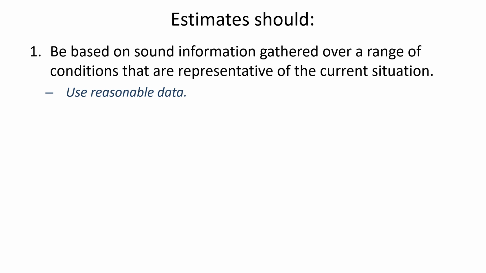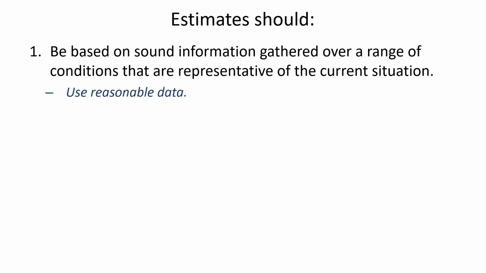So some of the rules that have been developed with cost estimation is that when we generate estimates of how much things are going to cost, it should be based on data that's representative of the current situation. For example, if you're building a wastewater treatment plant in Alaska, it would not be a good practice to use cost data which was generated in Arizona, because the two different climates have a huge impact on the performance of wastewater treatment processes.